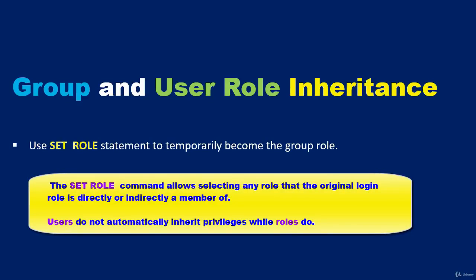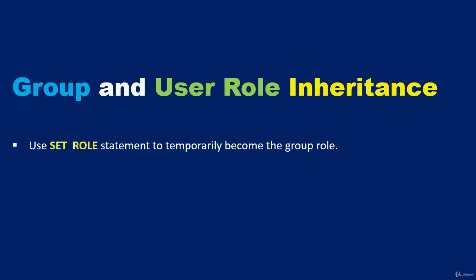Hello there. A user role can use privileges of the group role in the following ways. The first is that a user role can use the set role statement to temporarily become the group role, which means the user role uses privileges of the group role rather than the original privileges.